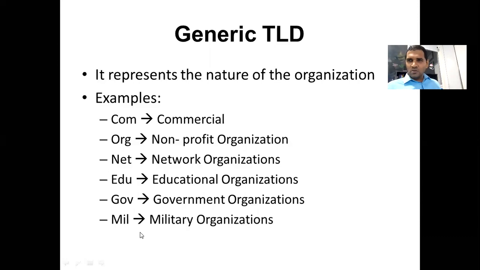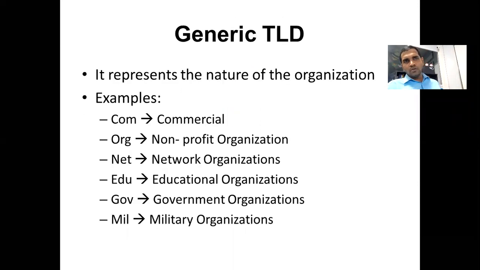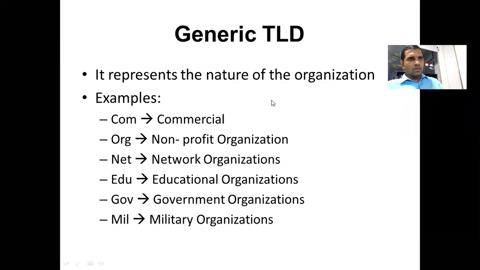No, right? It is useless. So you have to take ORG because your organization is non-profit. So better go with ORG. And also you have another choice, that is registering under country TLD. So you can take LK also. So these are the two top-level domain names: country top-level domain name and generic top-level domain name, right? I hope that you all have that idea about these two.